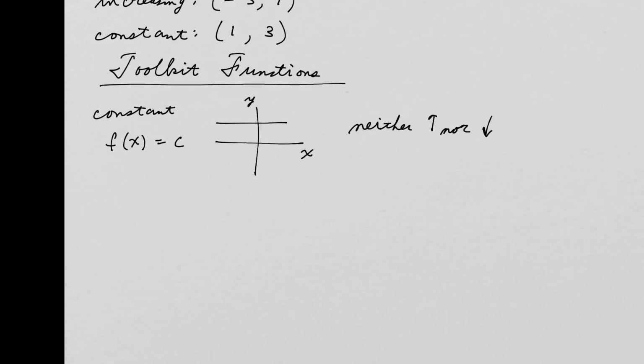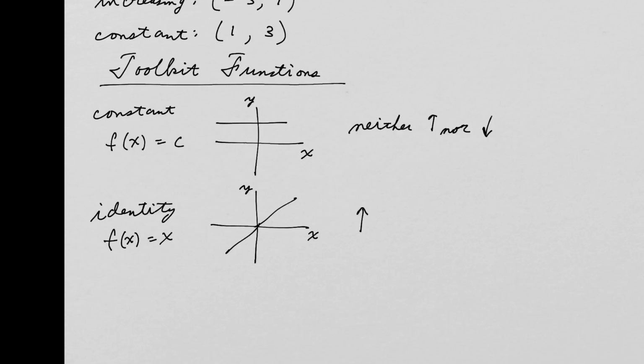The next toolkit function was the identity. Remember that was f of x equals x, and that looked like this. So for that one, I would say it's increasing over all real values, right?